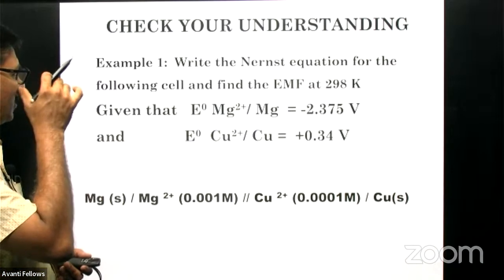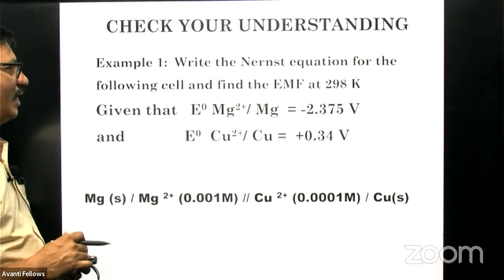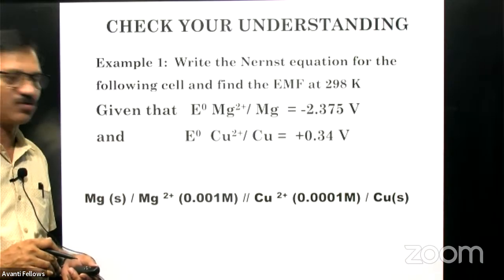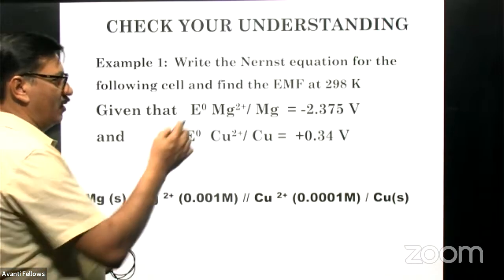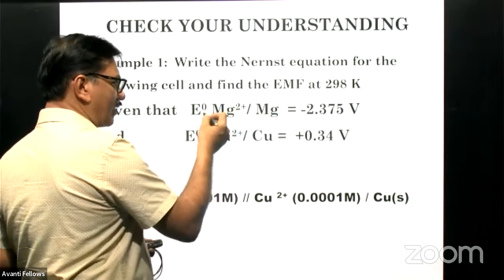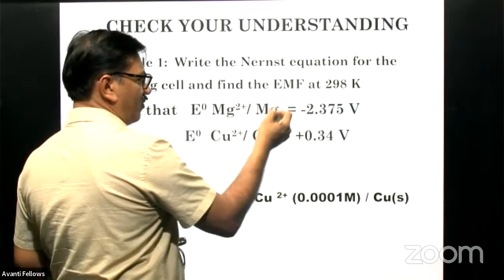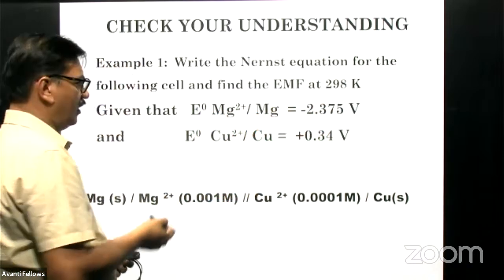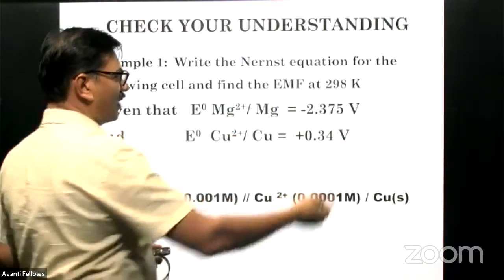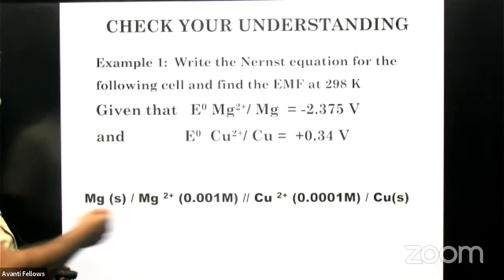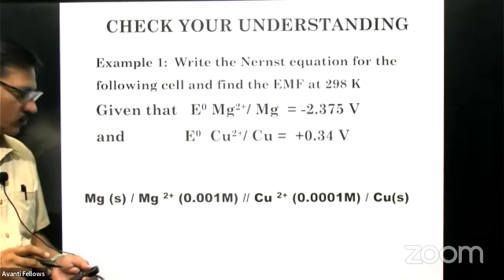Write the Nernst equation for the following cell and find the EMF at 298 Kelvin, that is 25 degrees Celsius. Given that the standard electrode potential of magnesium, Mg2 plus bar Mg, and the standard electrode potential of copper 2 plus ion to copper are given.